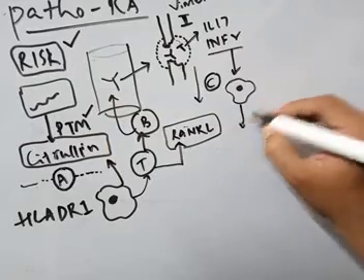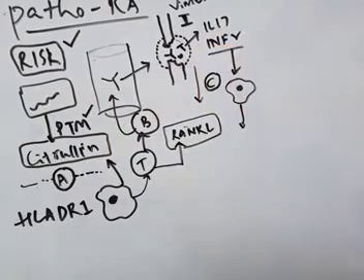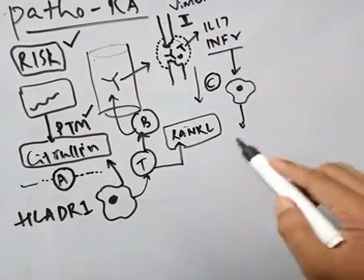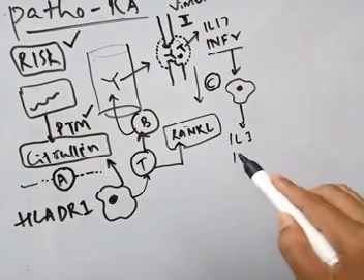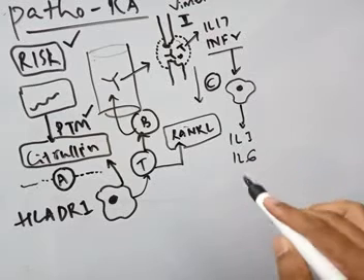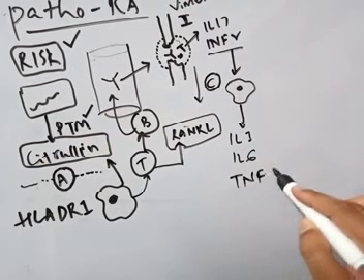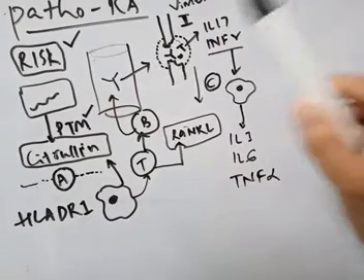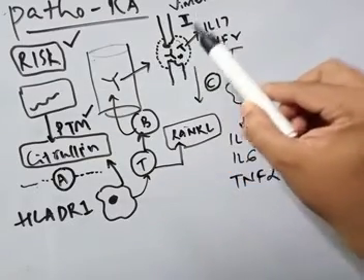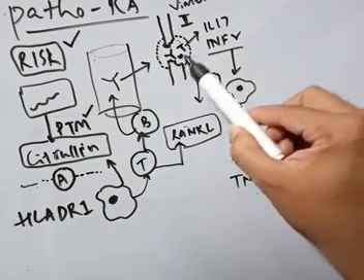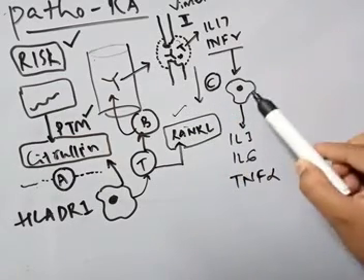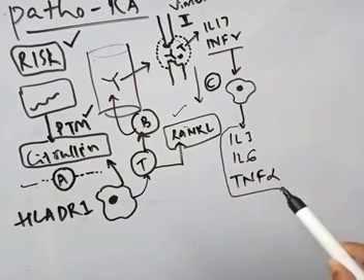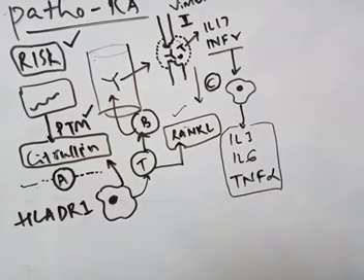These macrophages inside the abnormal joint tissue secrete interleukin 1, interleukin 6, and TNF alpha. So now inside the joint tissue there are active players: antibody-activated T cells stimulating the osteoclast by RANK ligand, and activated macrophages secreting interleukin 1, interleukin 6, and tumor necrosis factor alpha.